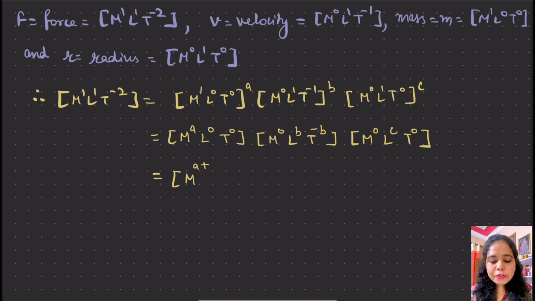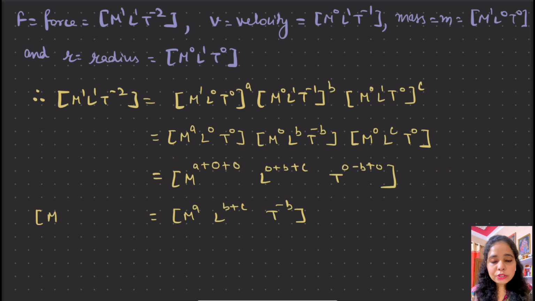So M raised to power A plus 0 plus 0, L raised to power 0 plus B plus C, and then T raised to power 0 minus B plus 0. Now we will rewrite this as M raised to power A, L raised to power B plus C, and T raised to power minus B. And on the left hand side, we will also rewrite the dimensional formula as M1 L1 T minus 2.